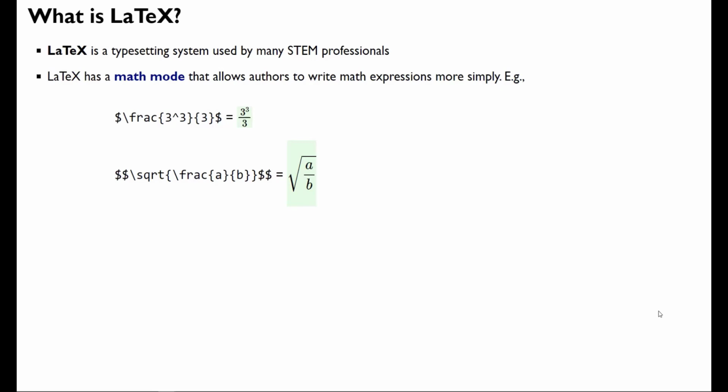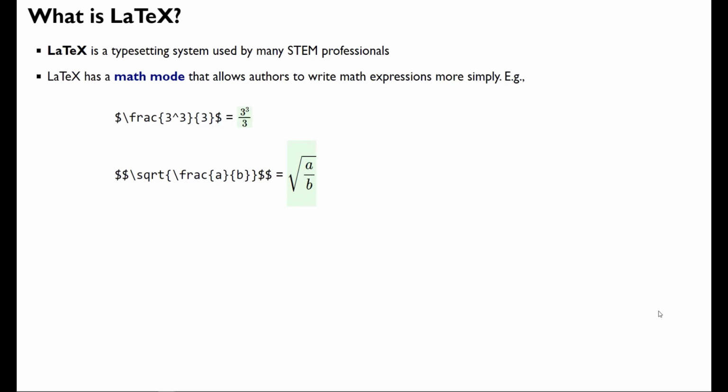So on the screen, I'm showing you an example of LaTeX in math mode. When you use math mode in LaTeX, there are what are called delimiters around the math. Delimiters are unique symbols that indicate to the LaTeX processor that the code inside these symbols is math. Common LaTeX delimiters are $ on either side of an inline equation, or $$ on either side of a display equation.